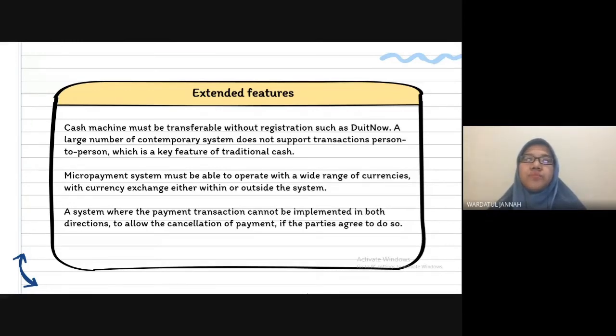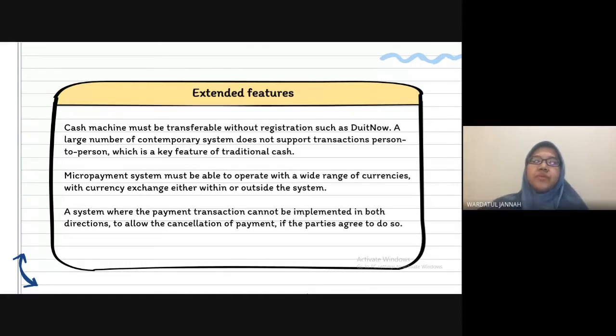Number two, a micropayment system must be able to operate with a wide range of currencies, with currency exchange either within or outside the system. Number three, a system where the payment transaction can be reversed in both directions to allow the cancellation of payment if the parties agree to do so.